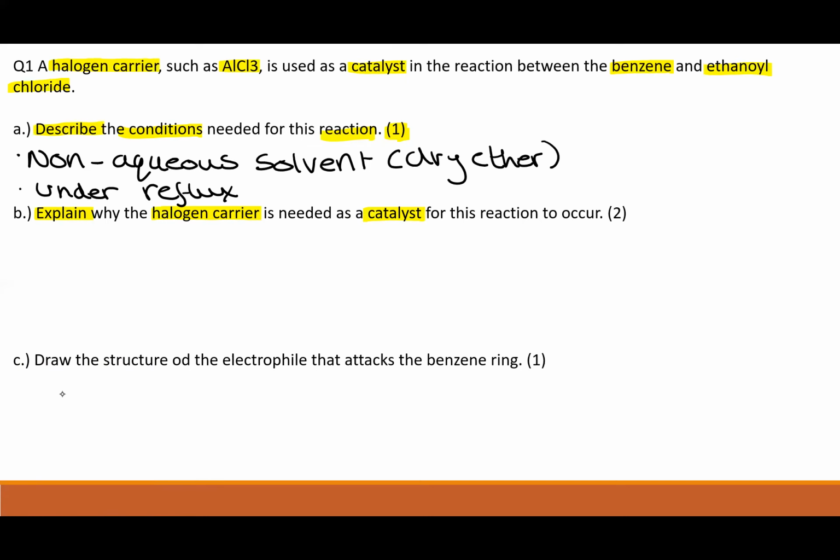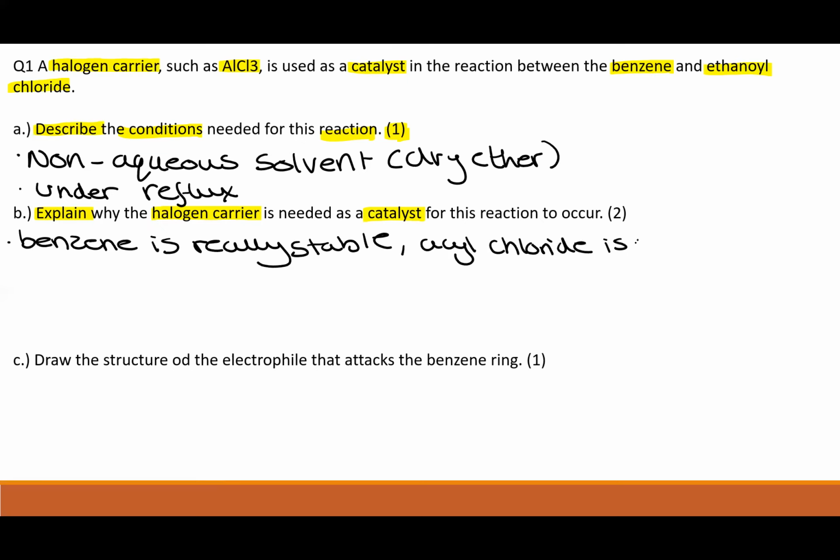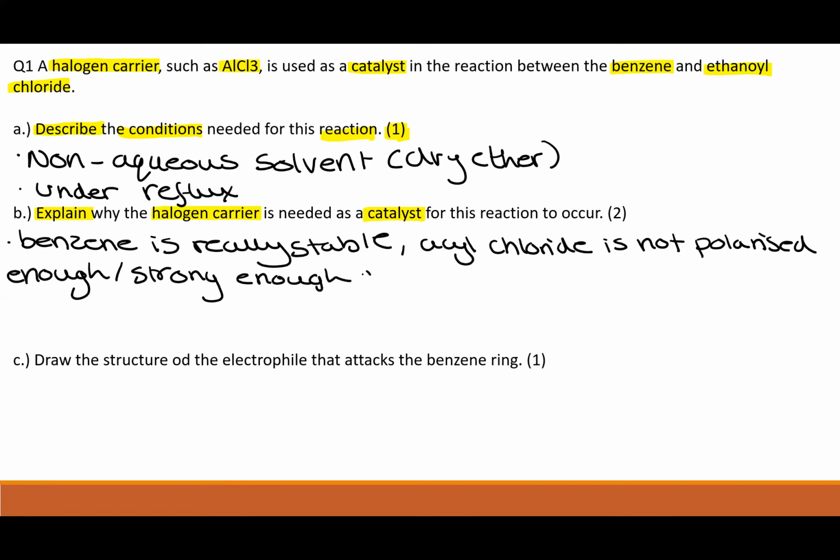Because the benzene is really stable, our acyl chloride molecule is not polarized enough, or strong enough, to attack the benzene. That will get you the first mark.